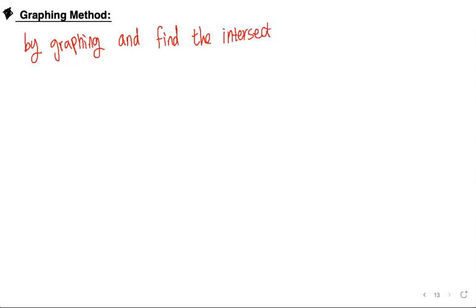So here I can solve by graphing and find the intersect point. It's not important to do the graphing. The most important is to know how to do the substitution and elimination.